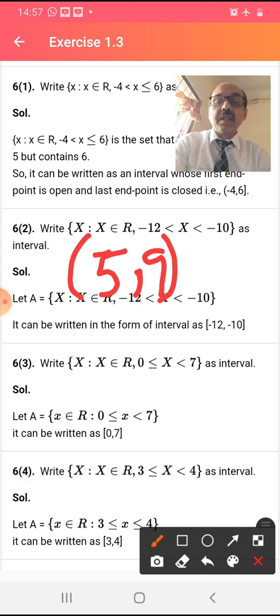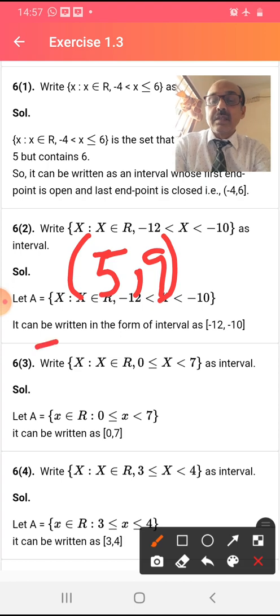So between 5 and 9 within an open interval, this means excluding 5 and 9. That means the numbers or elements are 6, 7, 8. So not the endpoints, not 5, not 9. 6, 7, 8. This is an open interval.